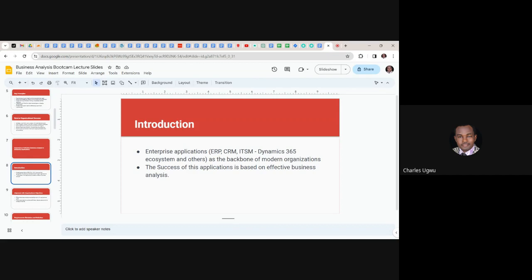Their integration system makes it easy for their applications to communicate with other applications. So these are the things business analysts do. You do a lot of integration.